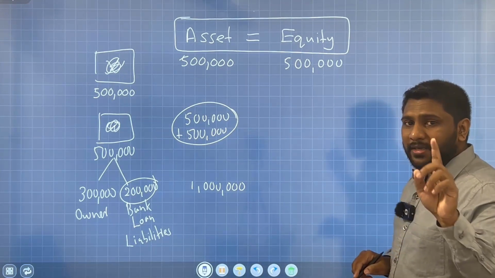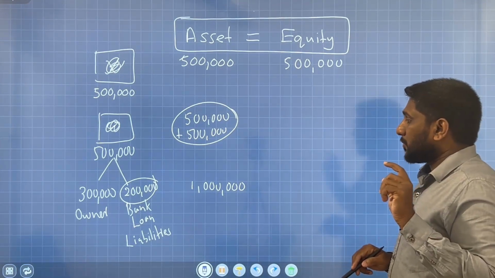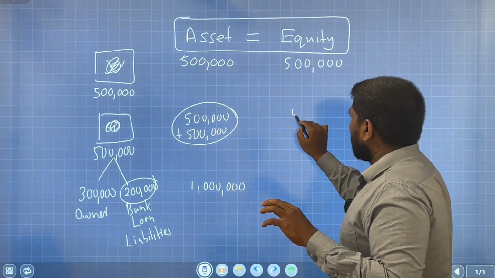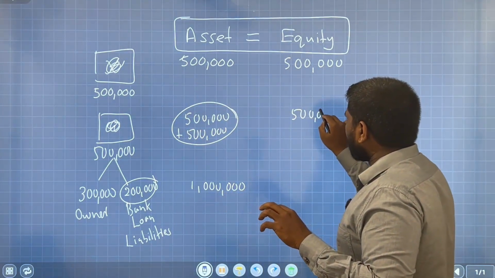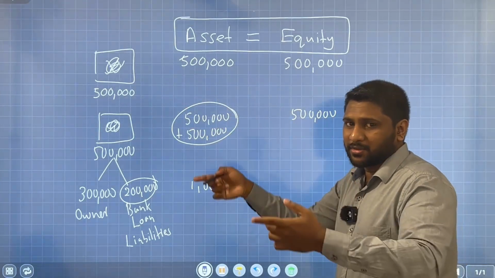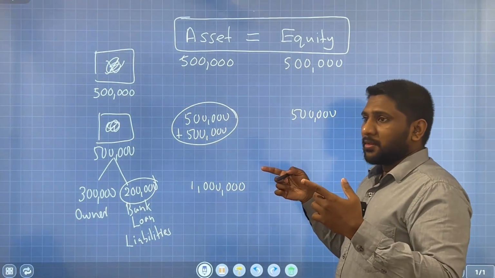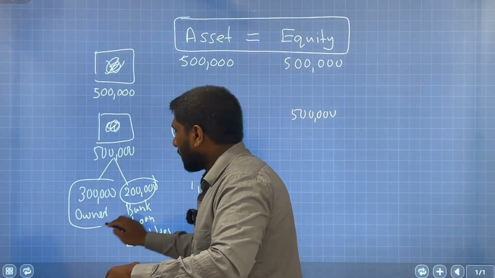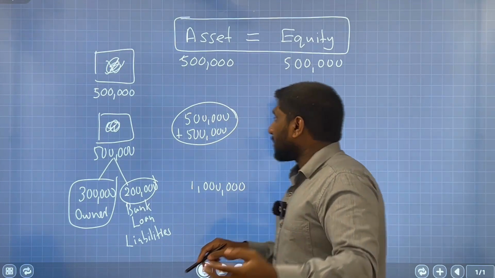Now what you have to understand, my dear students, in order to buy the first machine, I gave 500,000. My money 500,000. And to buy the second machine, as the owner, I gave only 300,000.